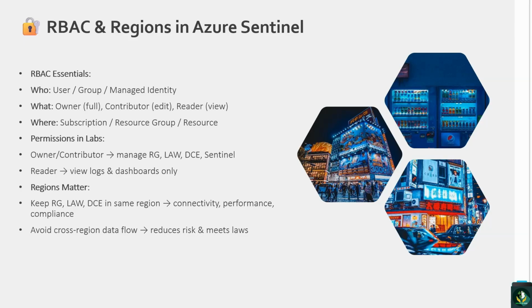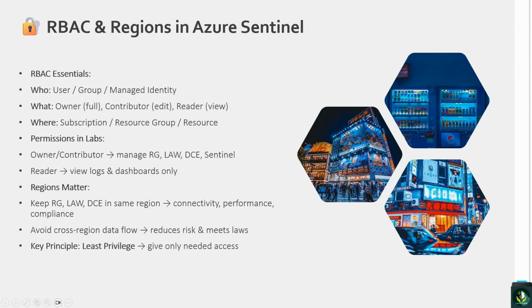This is not just a technical limitation, it's also a security safeguard. Keeping everything local improves performance and reduces compliance risk. For example, if your organization operates in Canada, but your logs are stored in East US, that might breach data residency laws or organizational policies.